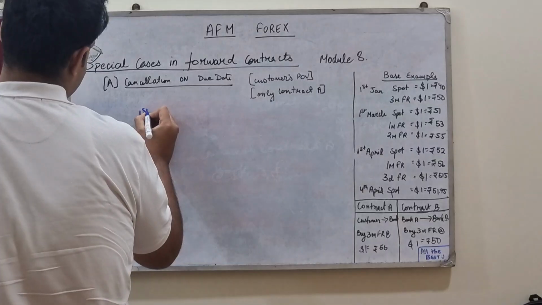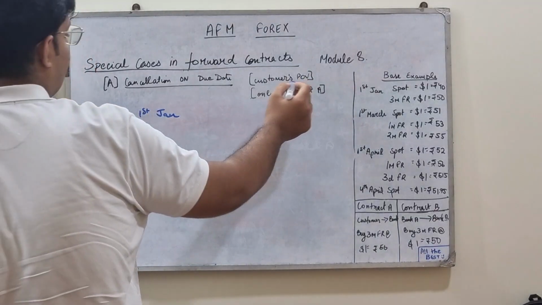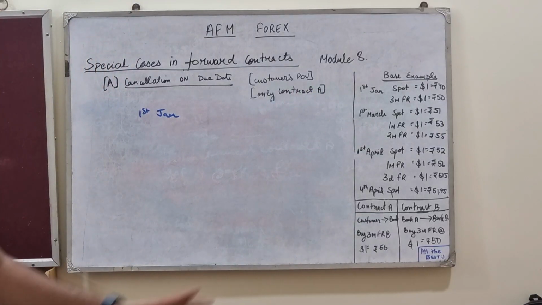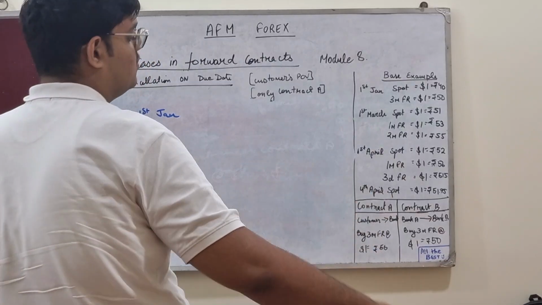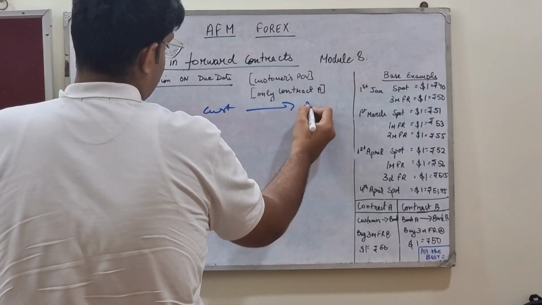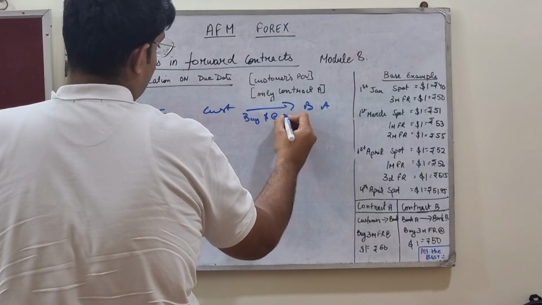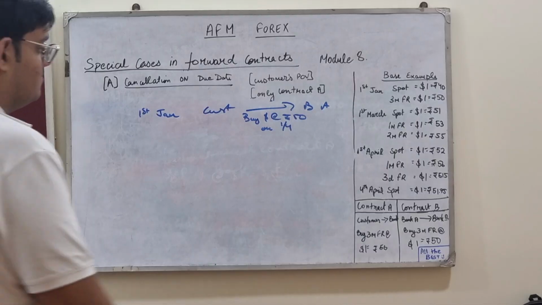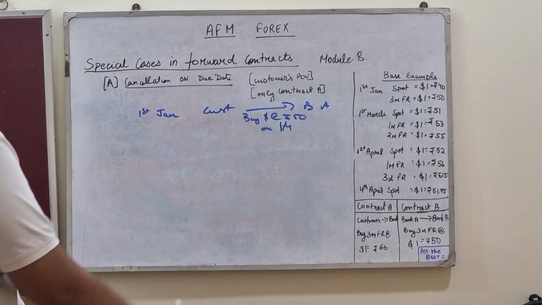So 1st Jan, this one has only the customer's point of view and only affects contract A. It has no effect on contract B, which bank A enters into with bank B. So 1st Jan, customer goes to bank A to buy dollar at rupees 50 on 1/4. Okay, that's a bit confusing. 1/4, so 1st April.